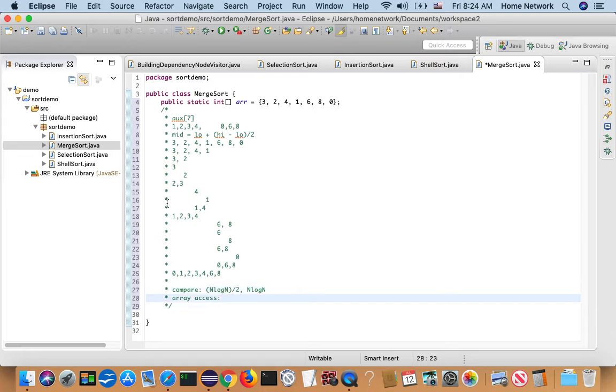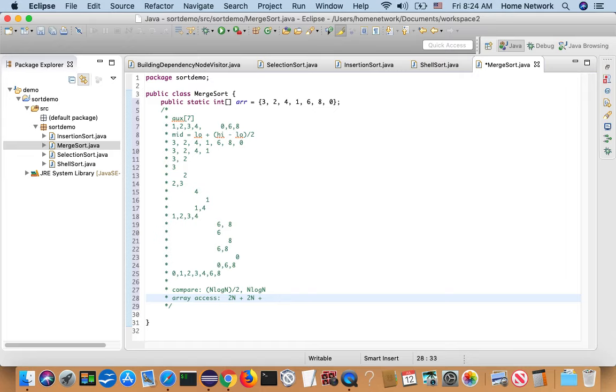Array access. For each level of merge, we first need to copy the elements into the auxiliary array. Copy needs n. And later, we need to copy the elements back to the original array. The copy back needs another n array accesses. And we need to do n comparisons.